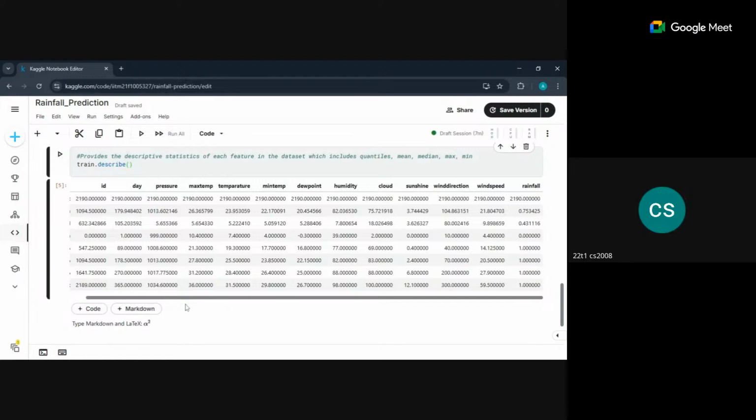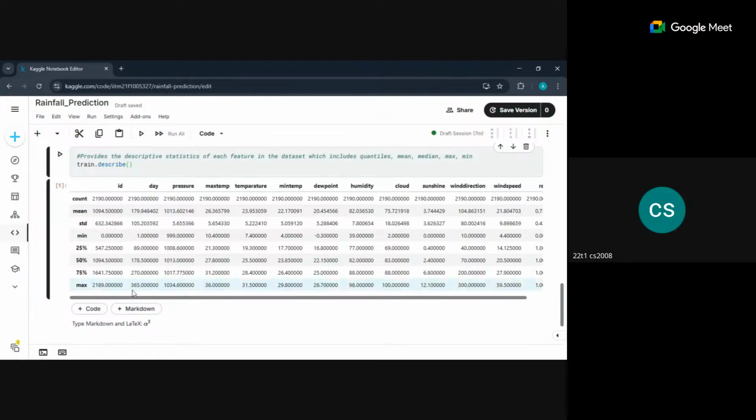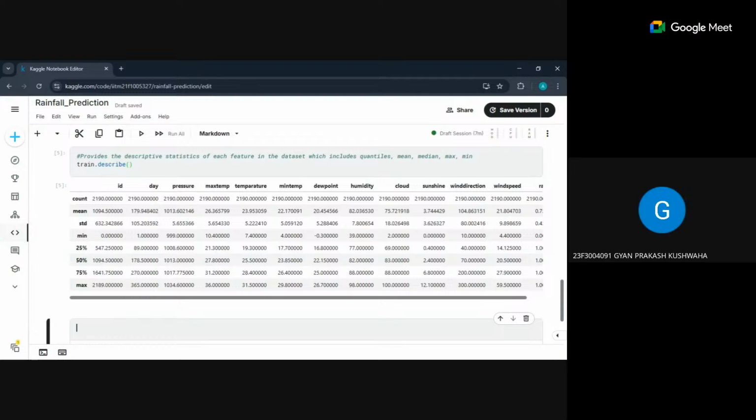Is there nothing we are gaining from this? The variance, the spread of day is higher than other features. Okay, the standard deviation of day is higher.